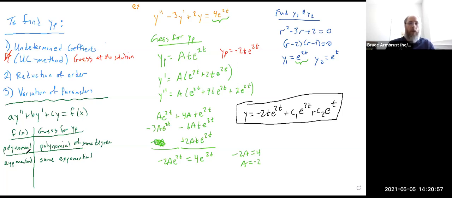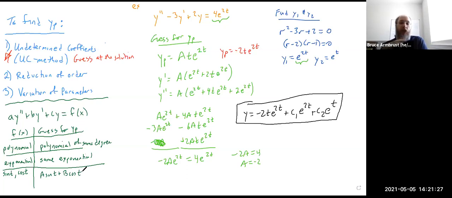But I want to add in one more form here, and that's if we've got sine and/or cosine. Obviously, if we've got a sine or a cosine, we want y to be made up of sine or cosine. But what we're going to want is actually a combination of them.